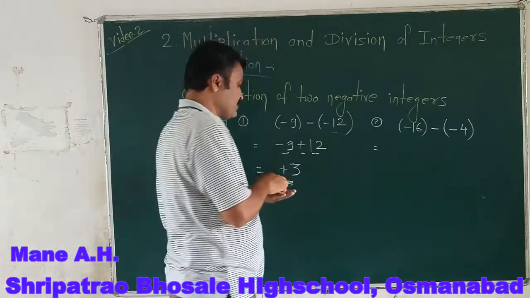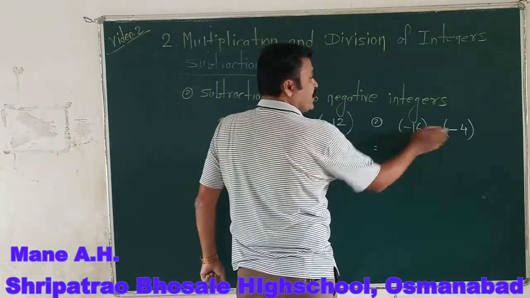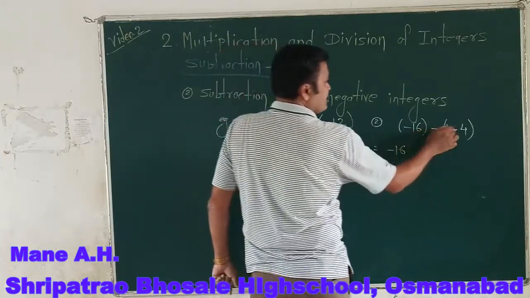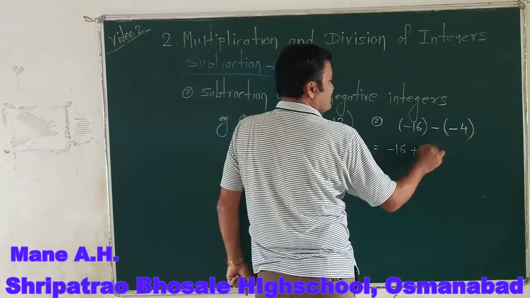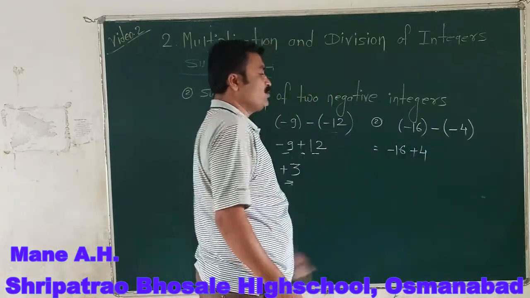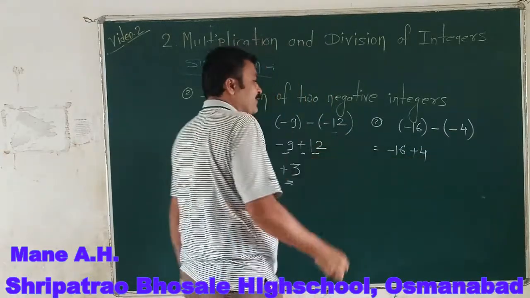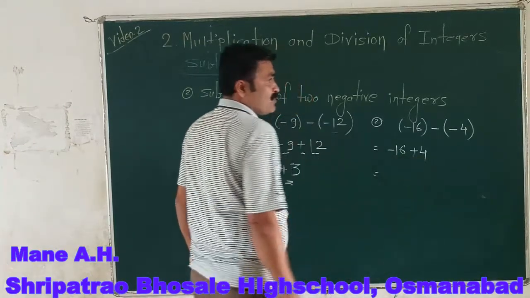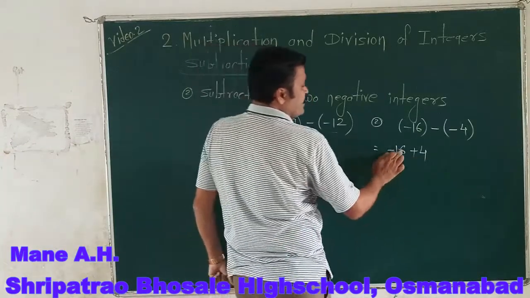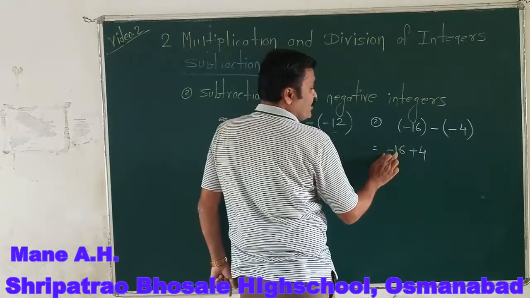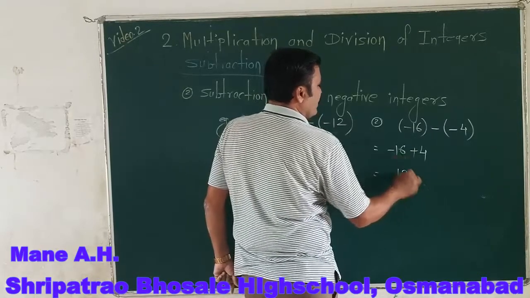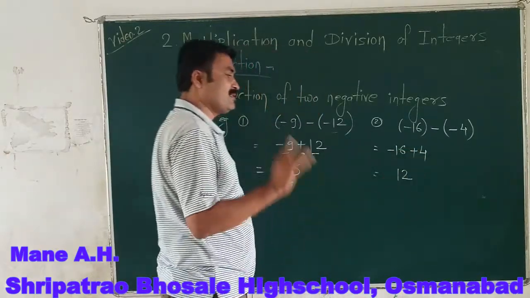While taking the subtraction between these two, we remove the bracket sign, minus 16 as it is, minus minus we get plus, so minus 4 is always converted into plus 4 here. Now in this addition, one is negative, one is positive, so we take their difference. The difference between the magnitudes of minus 16 and plus 4 comes here 12. 16 and 4 have the difference 12.